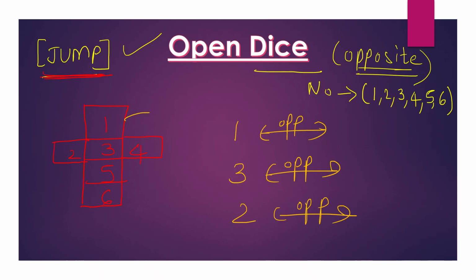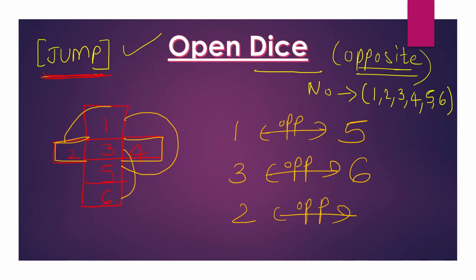So opposite of 1 will be 5. Next, opposite of 3 is 6. Opposite of 2 is what? Here is 2, correct? And here is 4. So you need to just jump.